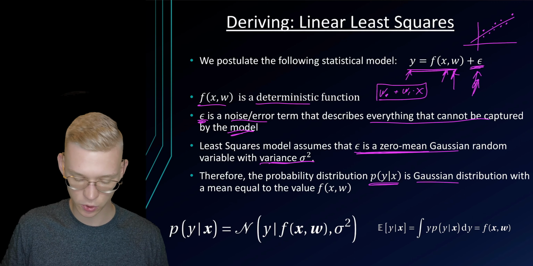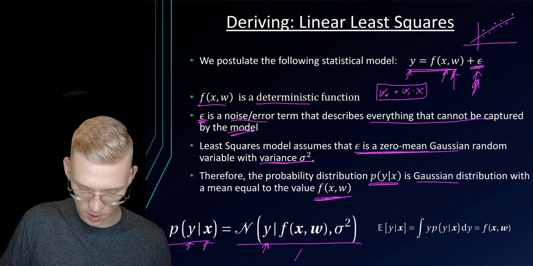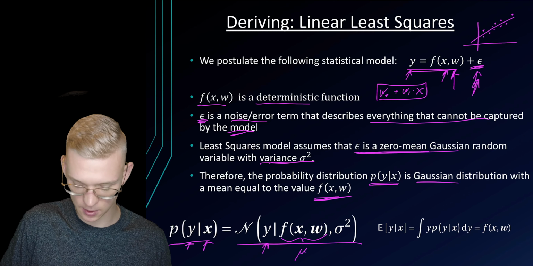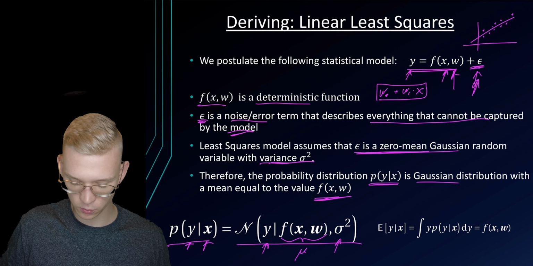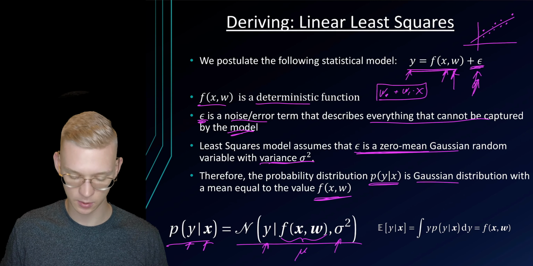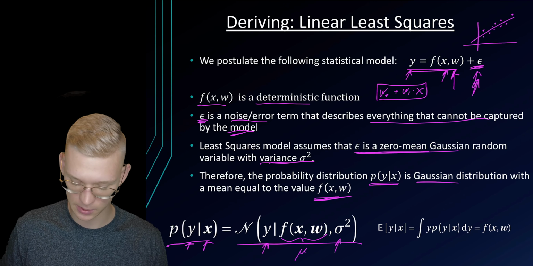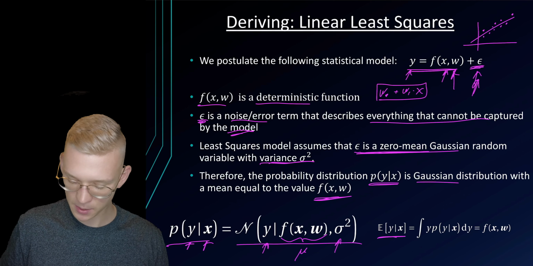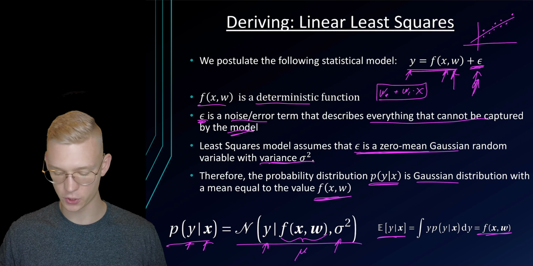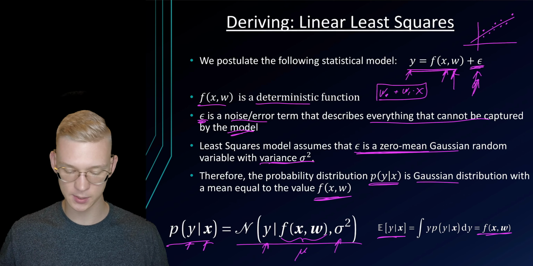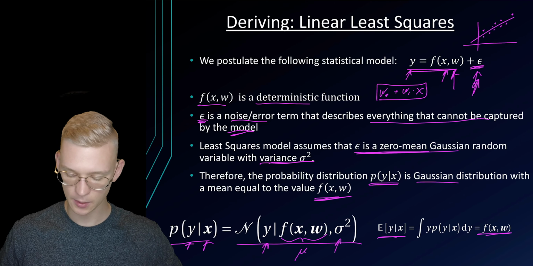So our probability of y given x is a normal distribution of our result y with the mean of f of x and w and the variance sigma squared. And the expected value is still our function, so our basic statistical model that we proposed.